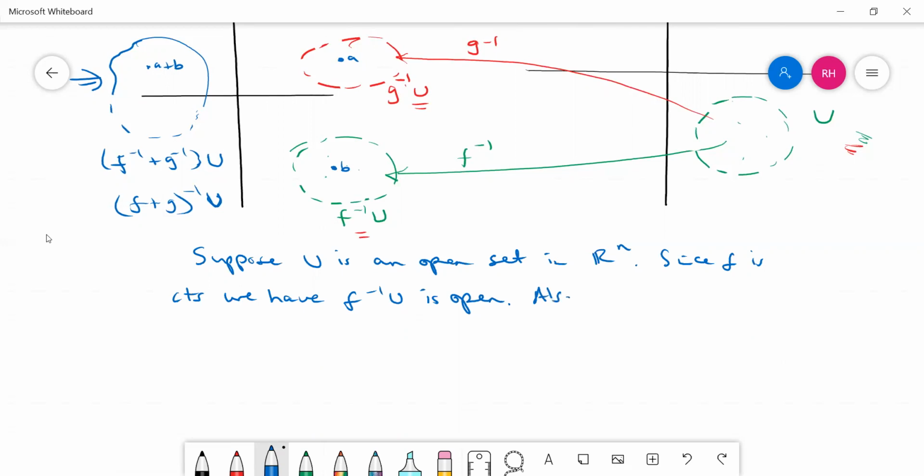Also, as g is continuous, we have g negative 1 of U, the pre-image of U, is open.